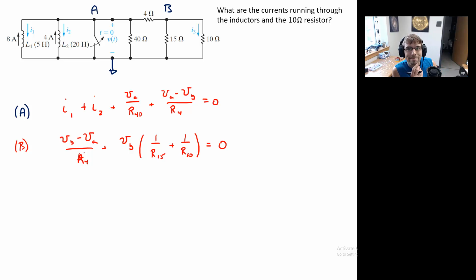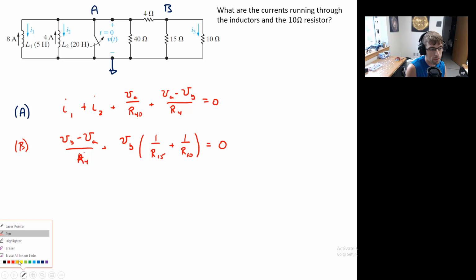Okay. Question for you. How many unknowns do I have in these two equations? Hopefully you see it, right? We actually have 4 unknowns.